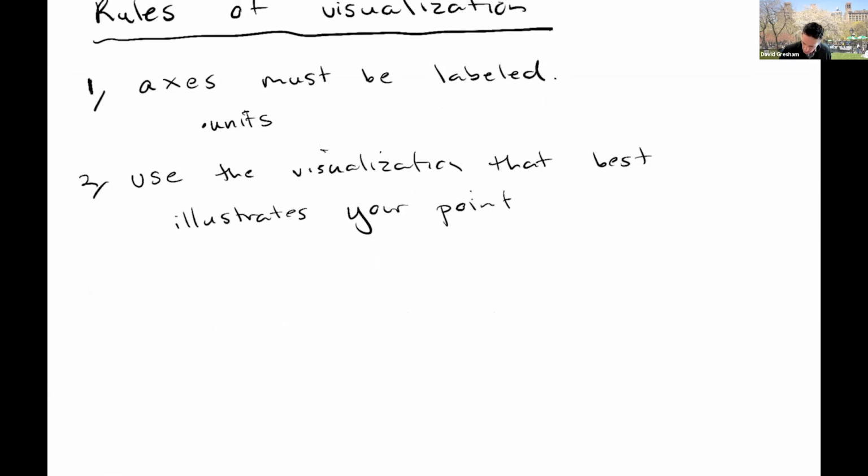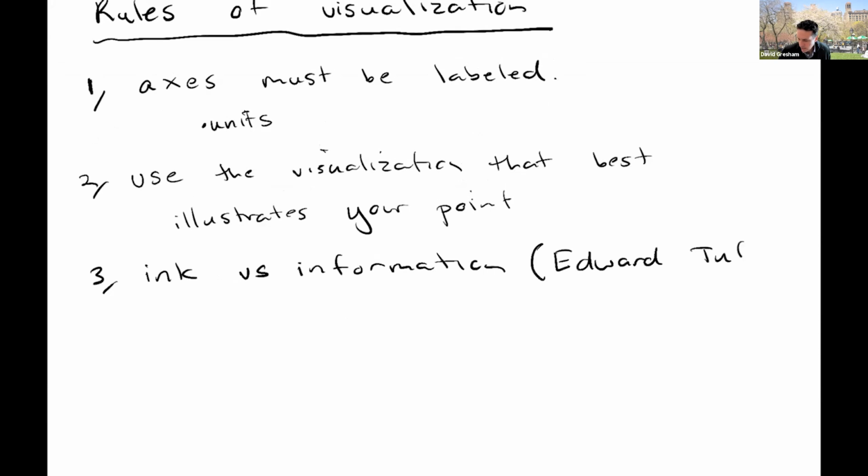And then a final point is you want to think about the concept of ink versus information. This is an idea that comes from Edward Tufte, who is a master of visualization, has written many, many books about visualizing data.